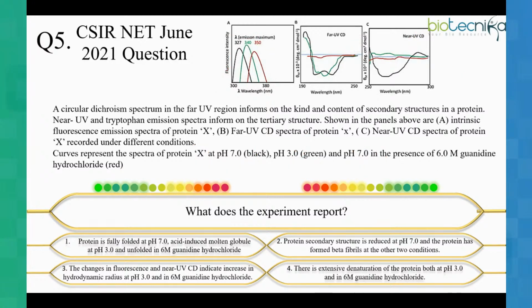So you have to identify the result from this experiment: whether the protein is fully folded at pH 7, or its secondary structures are reduced at pH 3, or there is extensive denaturation both at pH 3 and pH 7, or there is just a change in fluorescence and near UV which indicates an increase in hydrodynamic radius.